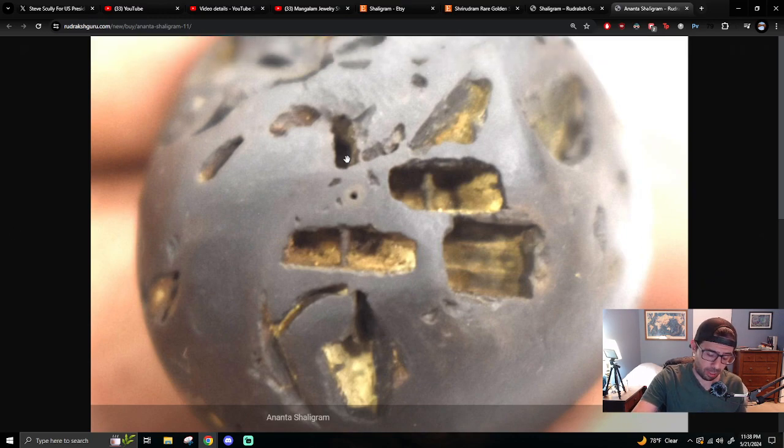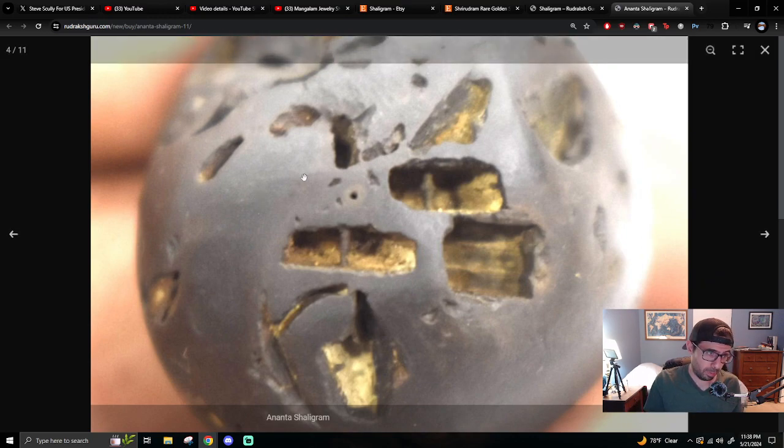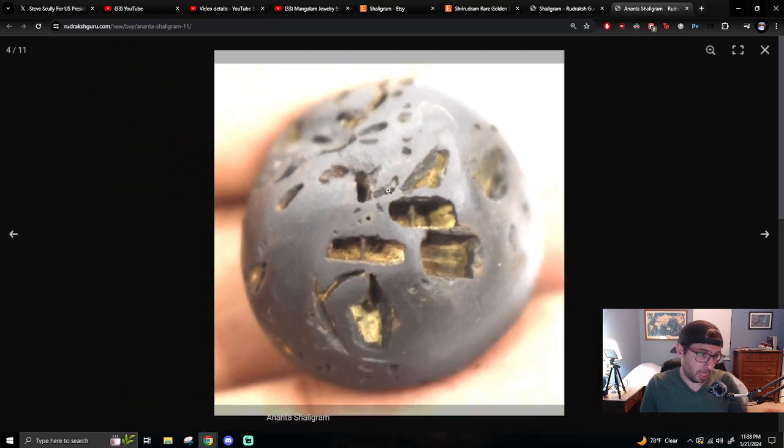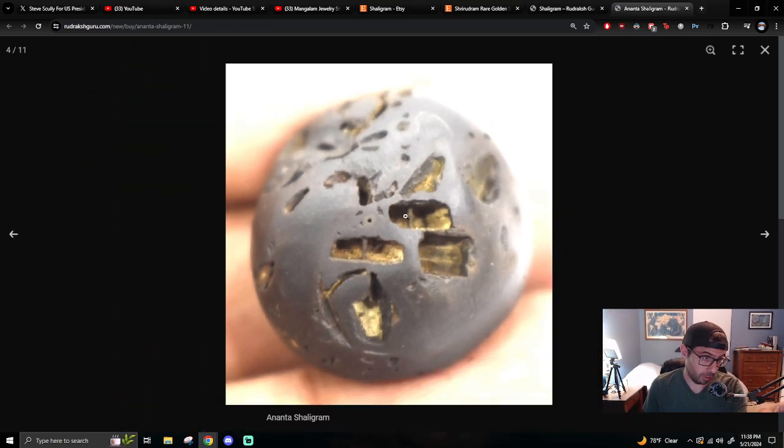Ask yourself for a second if these stones, according to modern science, it's important to understand: modern science says this stone right here has the shape that it has because water has eroded its surface, and that reveals these openings as the surface is eroded, leaving these windows into the ammonite structure on shallograms. So according to modern science, this stone has eroded down to become as it is today.